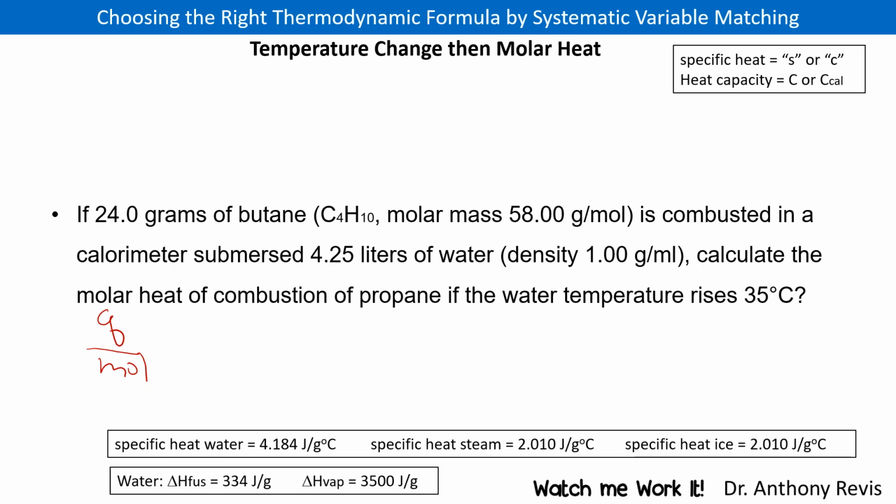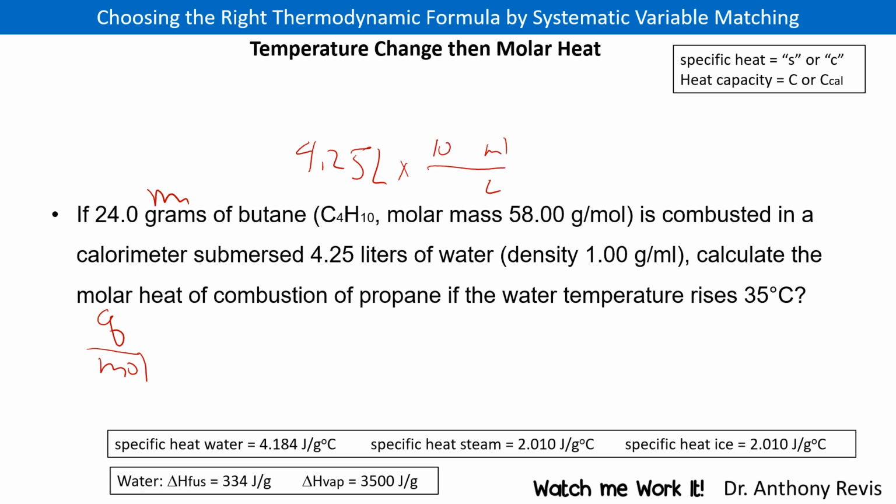But what do I have? I have grams here, so let me put a mass here. I don't really know what to do with this yet, but I just keep my eye on it. Submerged in water, this is liters. So I have 4.25 liters, but I don't work with liters, so I need to convert that to grams. So liters has to be converted to mL.